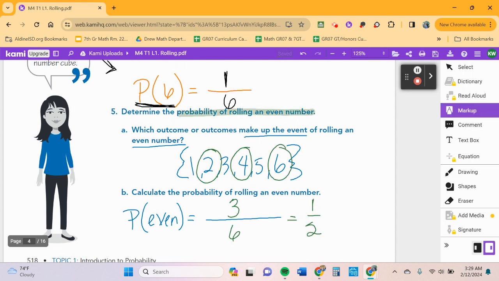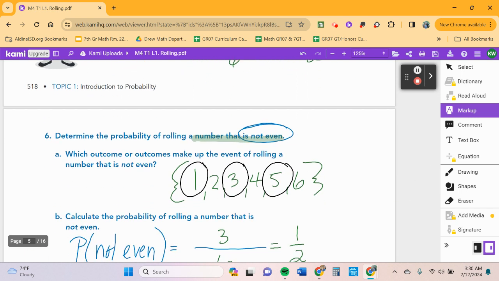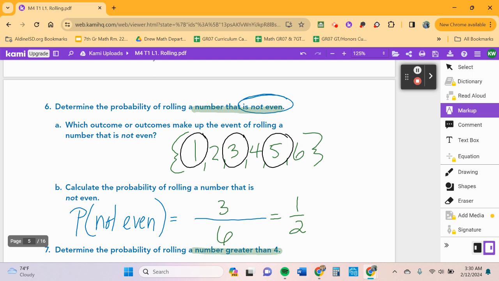Alrighty, now that you've had time to work, let's compare answers. So for number 5, the probability of rolling an even number, well, that is 3 out of 6 or 1 out of 2, which is what it simplifies to be, 1/2. Those even numbers are 2, 4, and 6. For number 6, numbers that are not even is just the opposite of what we just found.